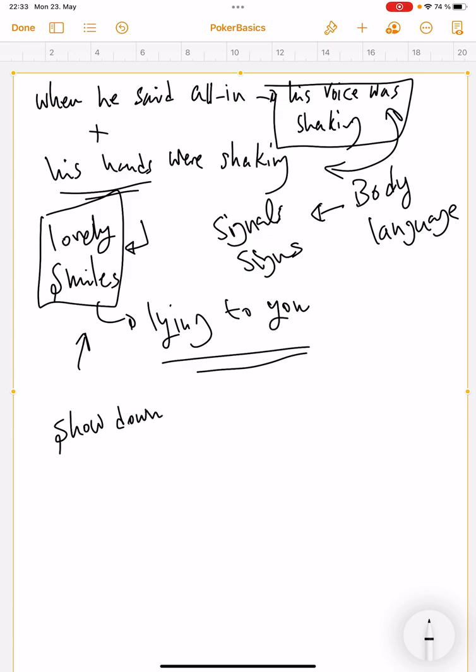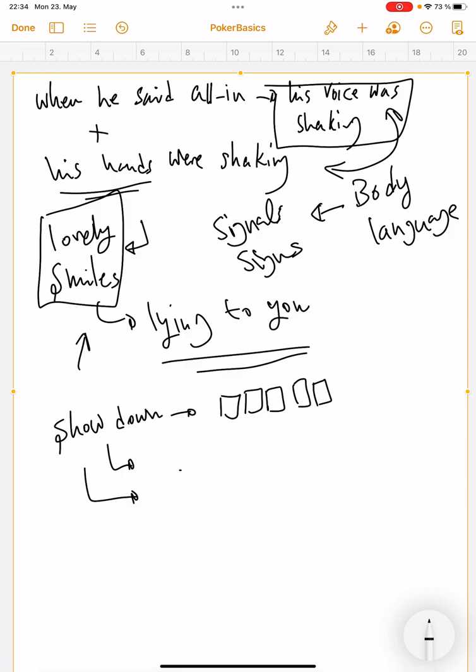Showdown is when all 5 cards are already revealed, and either you bet and the other guy calls, or everybody checks and then you need to show your cards. So this is the stage when you show your cards. And bear in mind that most poker hands do not come to the stage of showdown.